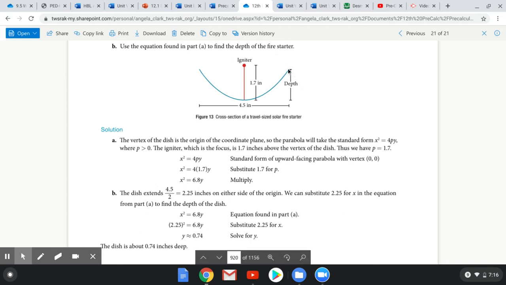So for the coordinates of this point, we want to figure out this height here. This is at the origin, so height is going to be from the x-axis up.